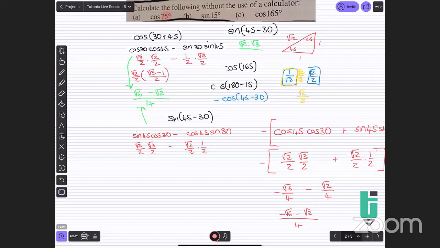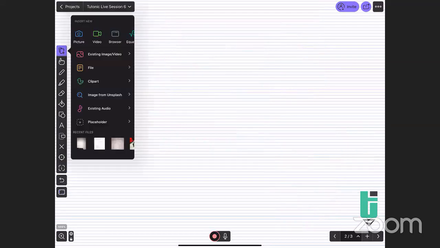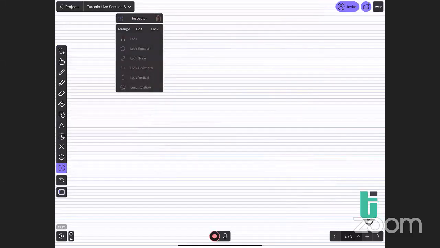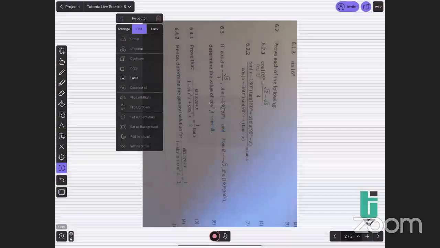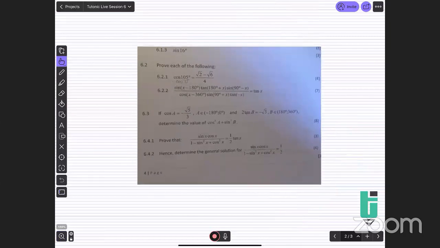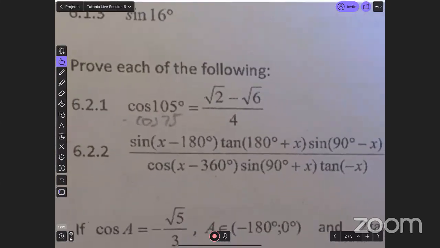Okay, which one do you want, Nafisa? You can choose any of them. See, the thing is, I want you guys to at least have attempted these questions. How do you get root 2 minus root 6 over 4?